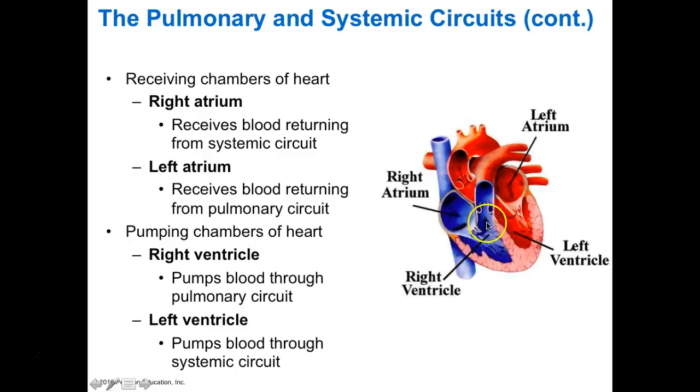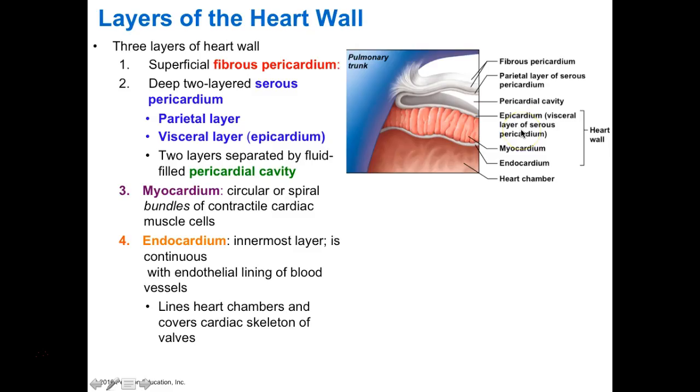And like we said, this will go through our pulmonary semilunar valve, through the pulmonary trunk to our lungs. And then we get our oxygenated blood coming to our left atrium. So this is receiving blood from our pulmonary circuit, goes through our left AV valve or atrioventricular valve to our left ventricle, and then that's going to pump blood to our systemic circuit through this aorta.